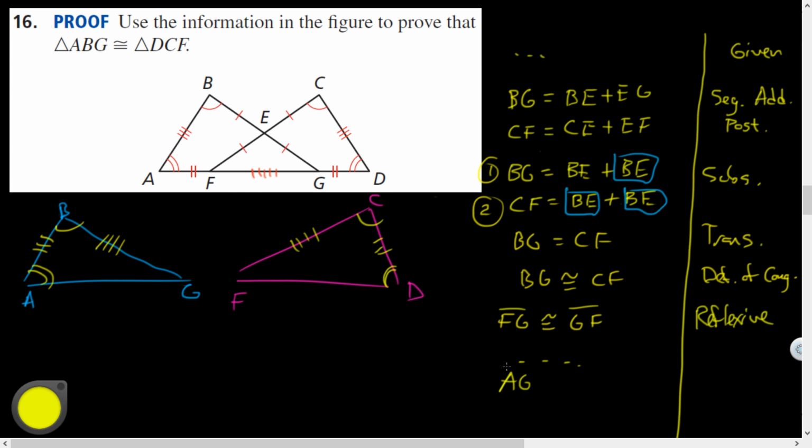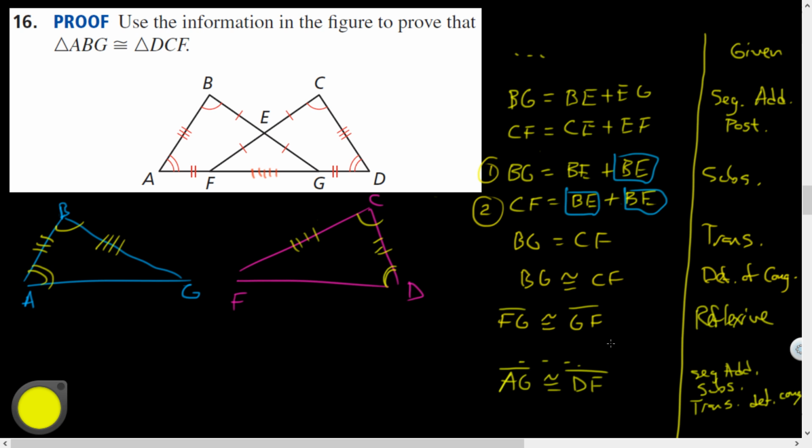And then by def of Cong, I'd be able to finally conclude that AG is congruent to DF. So many of the same types of arguments: there was seg add, there was substitution, there was transitive, and then it all ended with def of Cong.